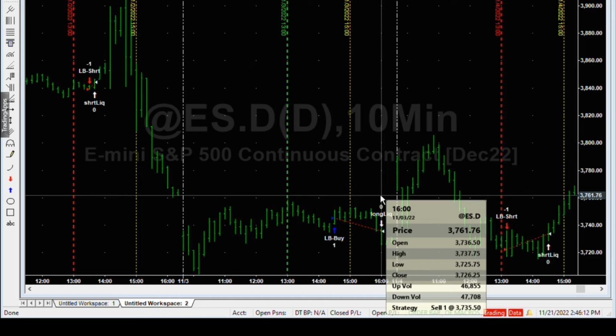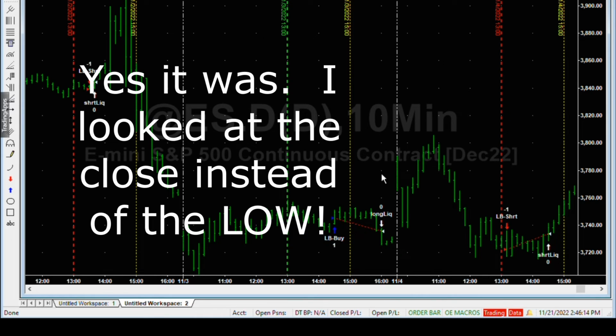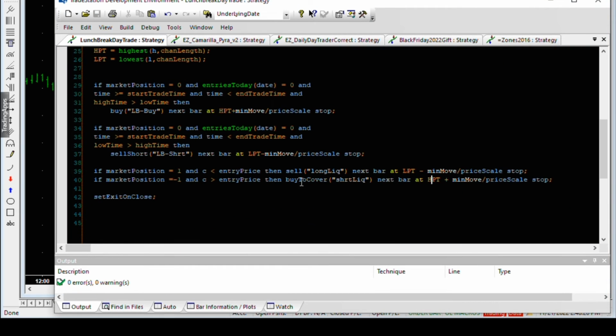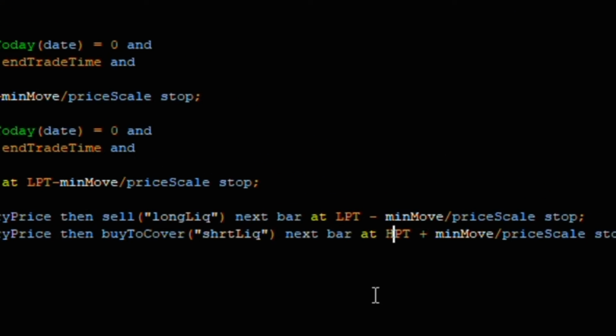And that's not right. So when you program fast, sometimes you make errors. Let's go back to the code real quick and take a look at it. That's getting out. If market position equals 1, close next bar at L point minus min. It looks like the code is correct, and the close is less than entry price.